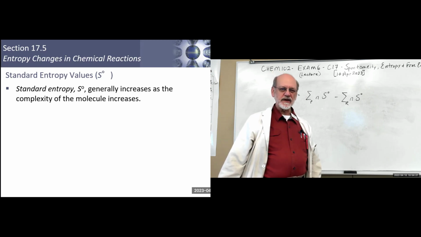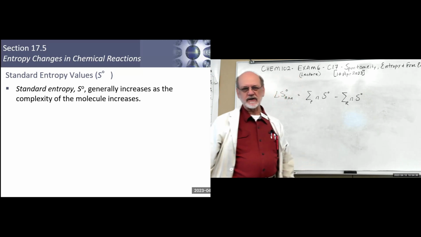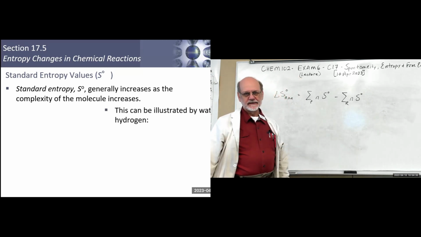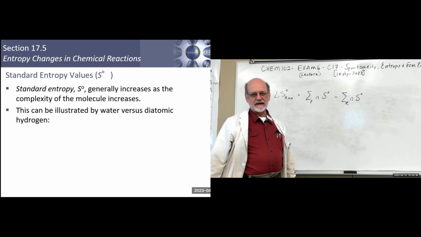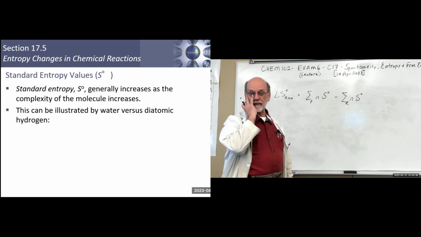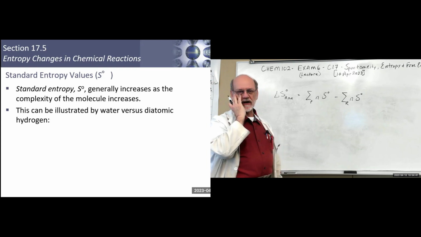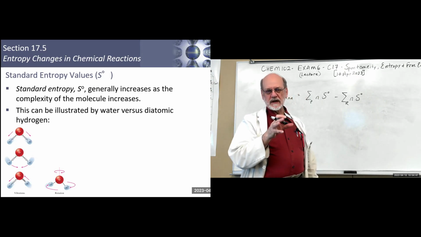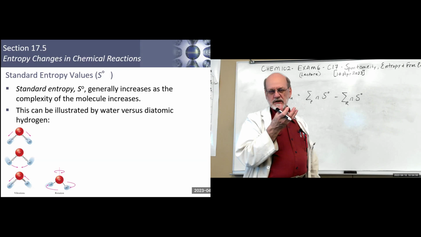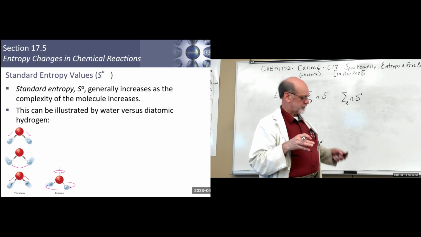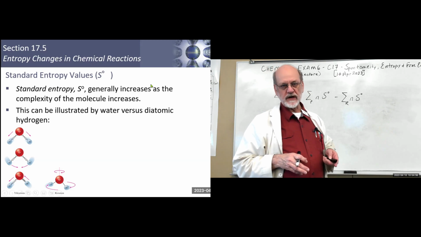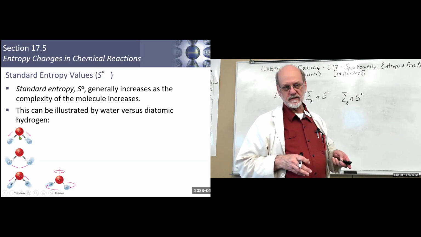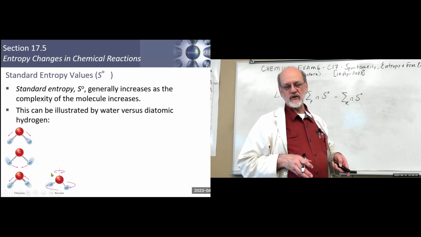If the complexity of the molecule increases, we generally say the standard entropy increases. We illustrate this, our example here is the difference between water and diatomic hydrogen. So we see that for water, even if it's just one molecule, you get various vibrational states. So the first one you see is a bond stretch. So these bonds can stretch together, or they can vibrate back and forth, or they can stretch opposite to one another, or the whole molecule can spin.